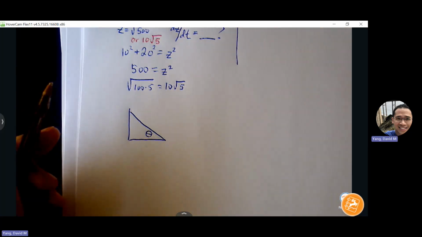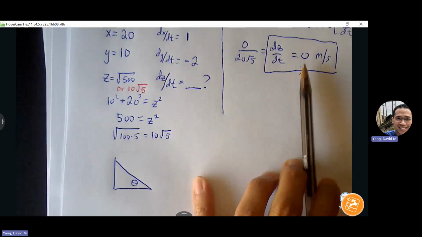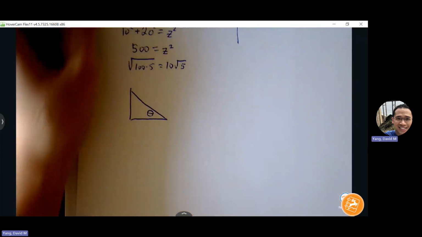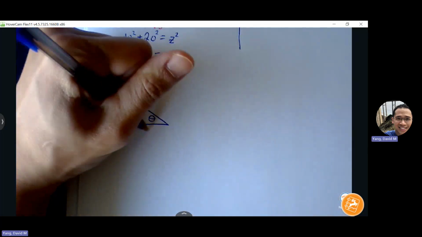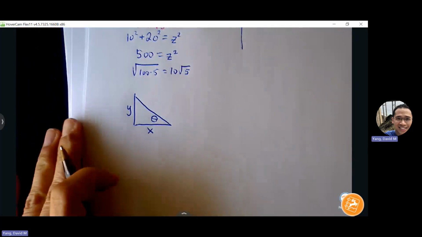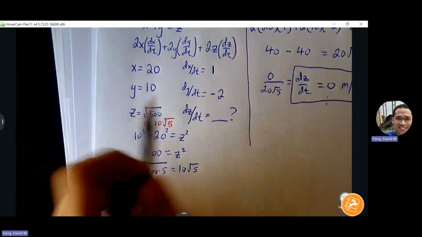I know that maybe you want to take advantage of z because dz/dt is 0. But for practice purposes here, let's say we're going to use tangent. The reason why I want to use tangent here is because that's the original information that's provided.